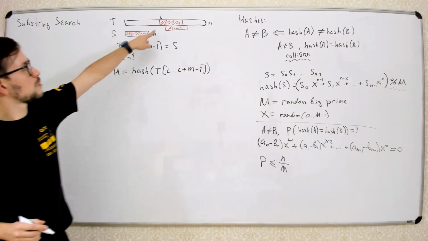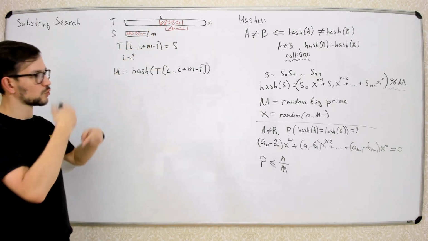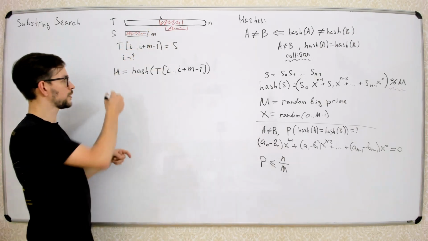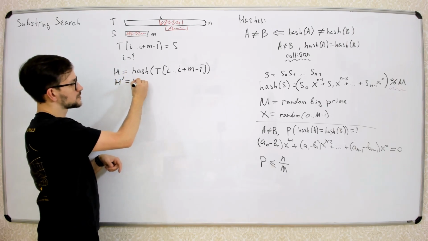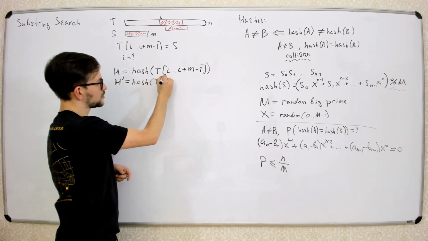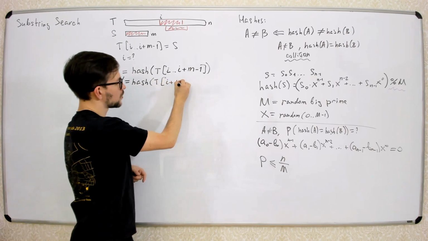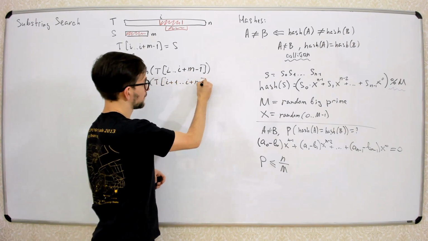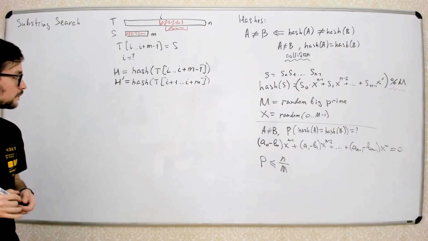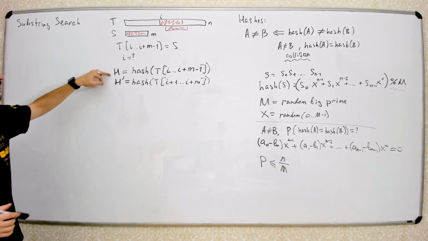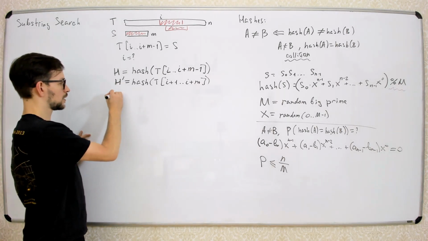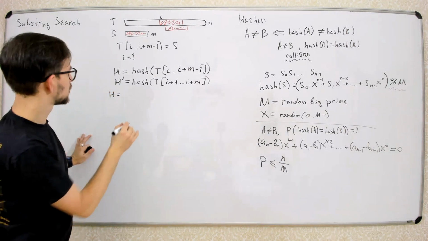And when we move from I to I plus 1, on the next iteration of this loop, we need to find the new hash function, let's say h prime, the hash function of t from I plus 1 to I plus m. Well, let's just write down these two polynomials. This polynomial is something like this.